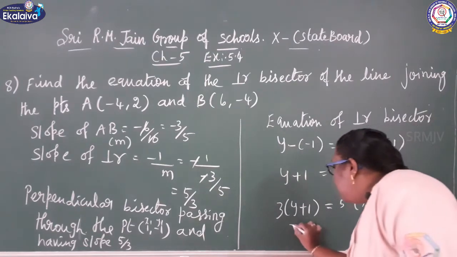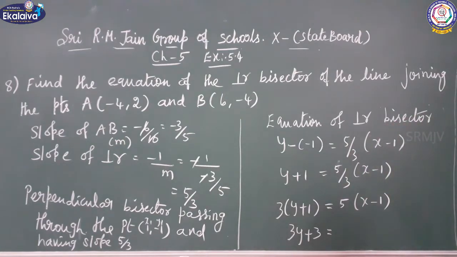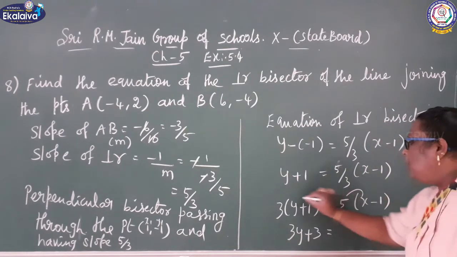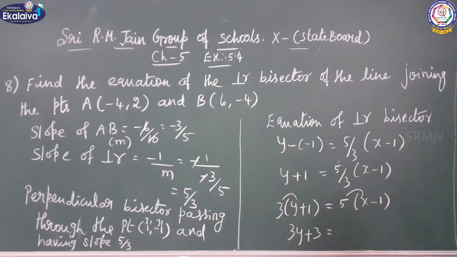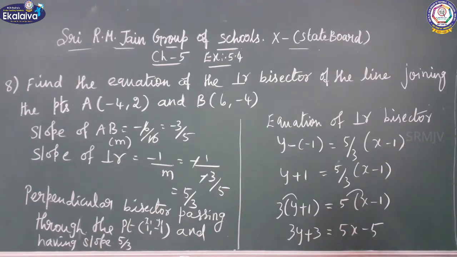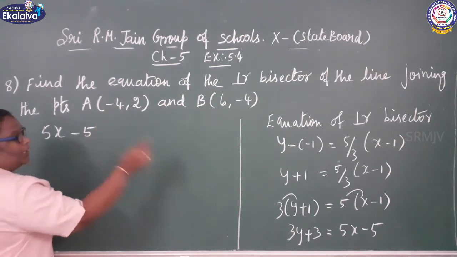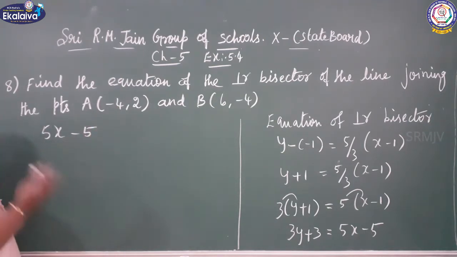So 3y plus 3 equals, bring 3 inside, 3y plus 3 equals 5x minus 5. x is positive, so 5x minus 5, you can keep that value as it is. You bring that 3y plus 3 to the what?